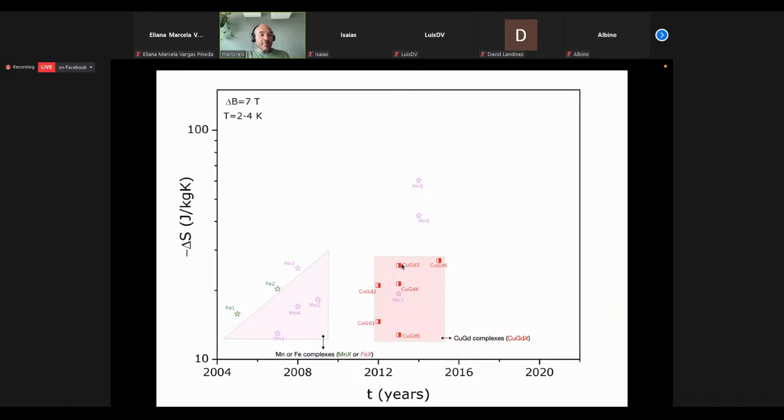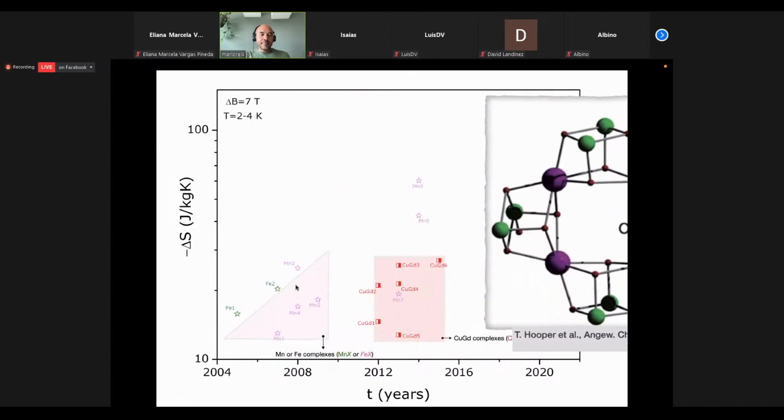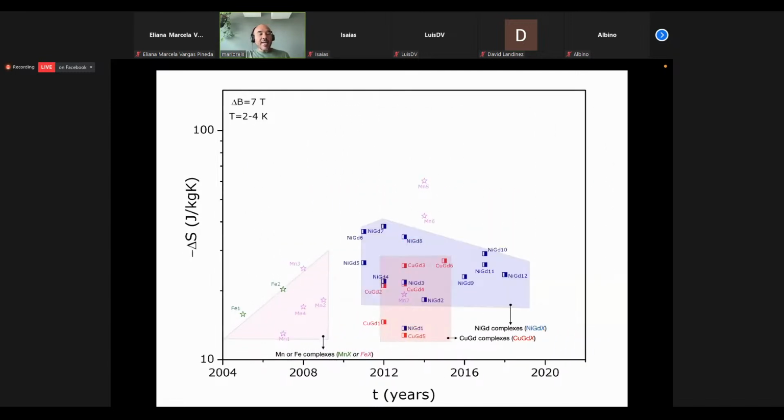Here's an example, gadolinium and copper. The community replaced copper by nickel, because the magnetic moment of nickel is higher than copper. And then the community increased the value of magnetic entropy change.